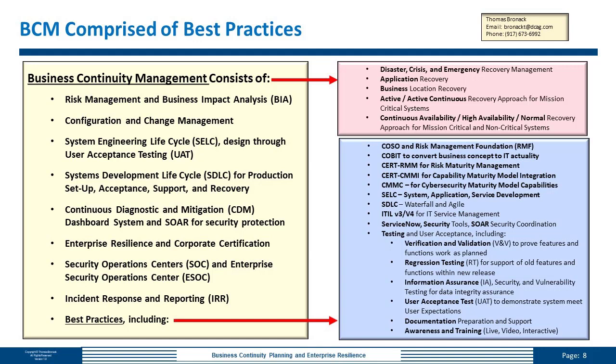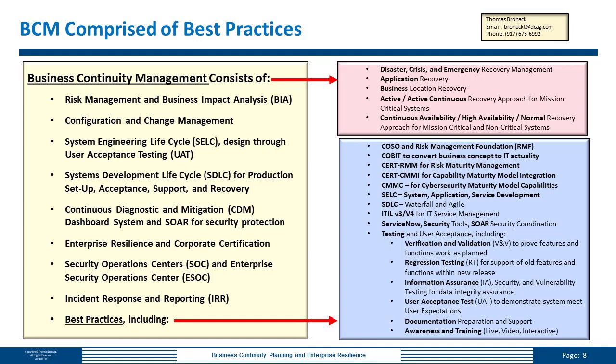Drive to implement enterprise resilience and corporate certification to ensure recovery operations can be performed for all disruptive events, and that the company complies with all laws and regulations of the countries where it conducts business. 7. Integrate all company-wide security operations centers within an enterprise security operations center to better coordinate cybercrime and technology threat detection, that will lead to more rapid recovery, or avoidance, of cybercrimes and technology threats.